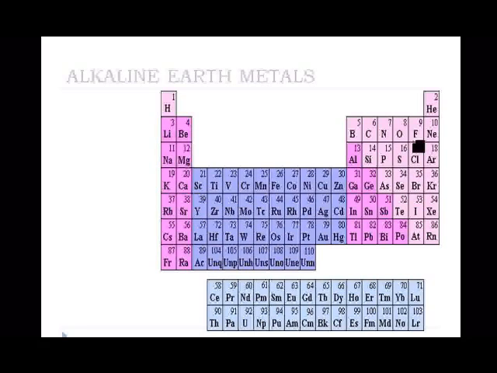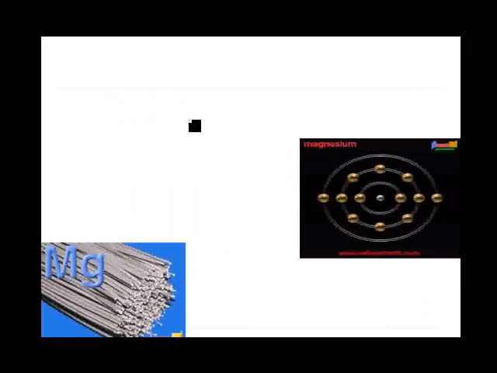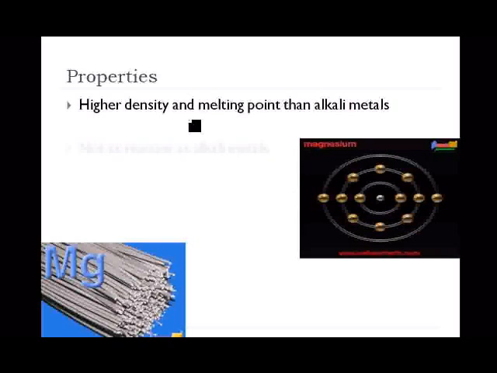Our second family is group 2A, the alkaline earth metals. This includes beryllium, magnesium, calcium, barium, strontium, and radium. These have a higher density and higher melting points than alkali metals, and they're also not as reactive.